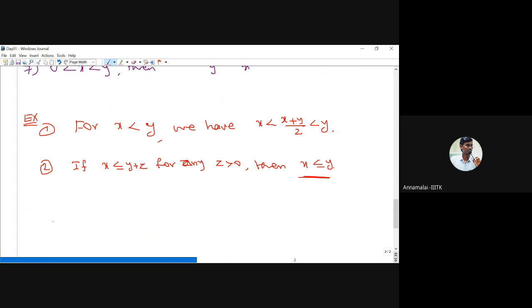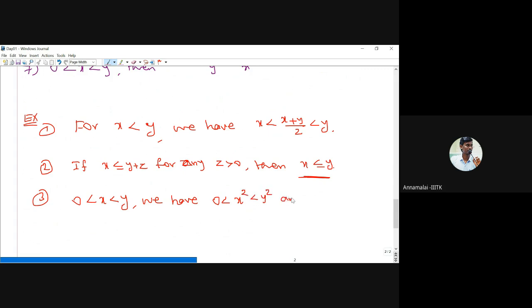Now the third problem. Suppose we have two positive real numbers x and y satisfying 0 < x < y. Then if we square them, the squares of the two numbers are also positive, and always x squared is strictly less than y squared.